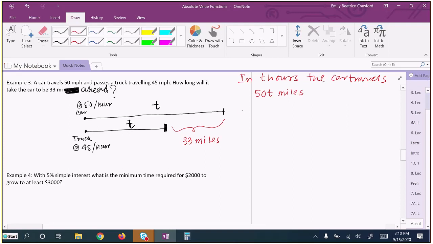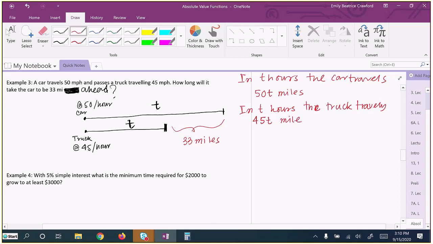And in the same time, in t hours again, the truck travels, its speed is 45 miles per hour, so 45t miles.